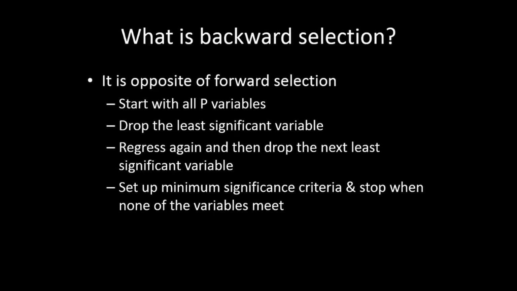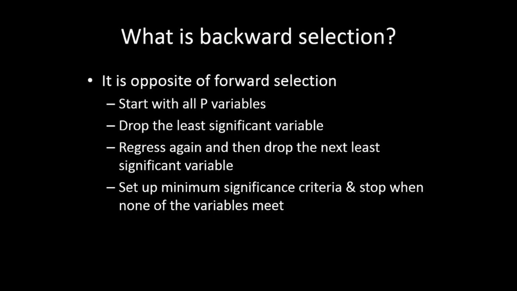When you take all independent variables and do the regression, you will see a number of these independent variables have an estimate with a p-value greater than 0.05. So in the next step, you just drop the one which is the least significant and run the regression again. And then again drop the variable which is least significant, and then again run the regression.